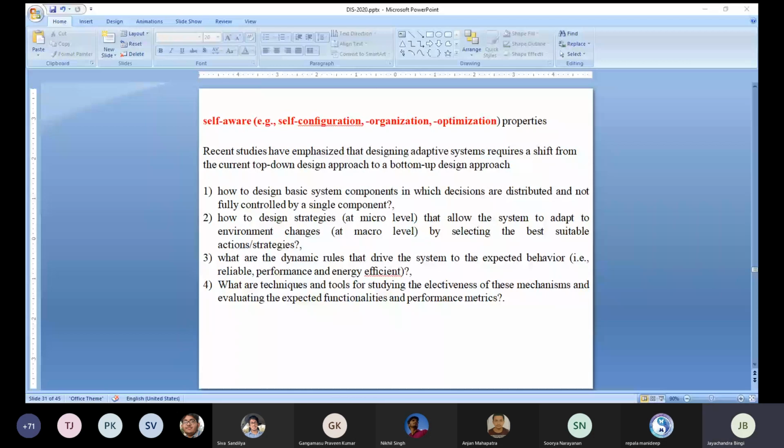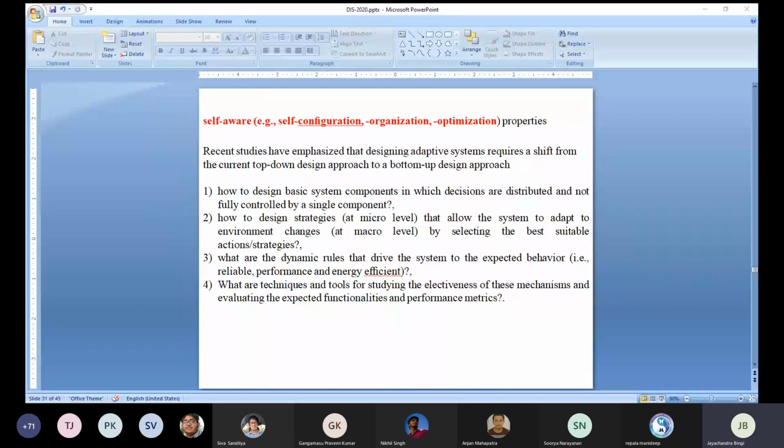Then optimization: how to maintain it in a suitable fashion, where your equilibrium is always maintained. That is called self-aware. It is a continuous monitoring of the system on its own about its structure, form, and functionality, to avoid instability.